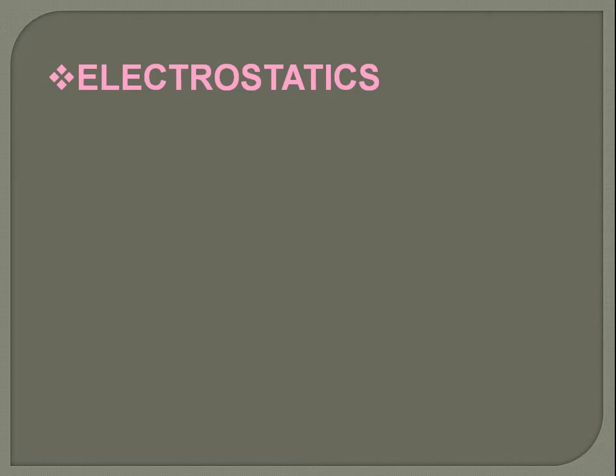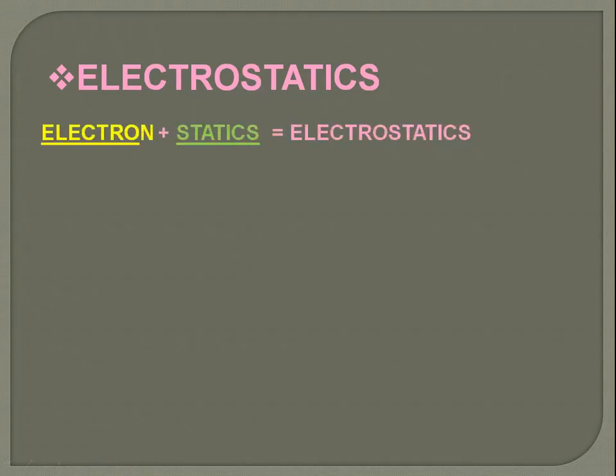Electrostatics is made up of two words, electron plus stat, or statics. So electrostatics means electron at rest. That's why it is called electrostatics.